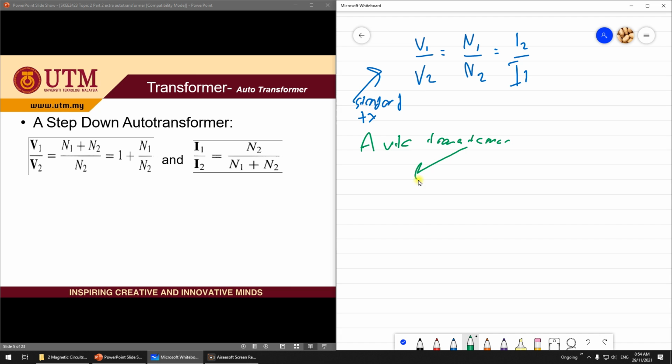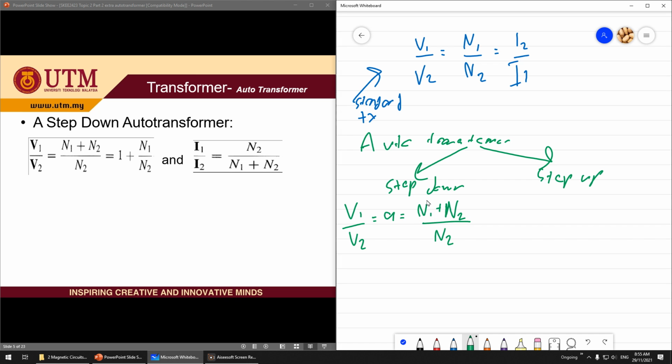So you have two formulas for auto transformer: step down and step up. So for step down you need to know the formula. The formula is usually V1 divided by V2, which is basically A, the turn ratio, equals N1 plus N2 divided by N2.